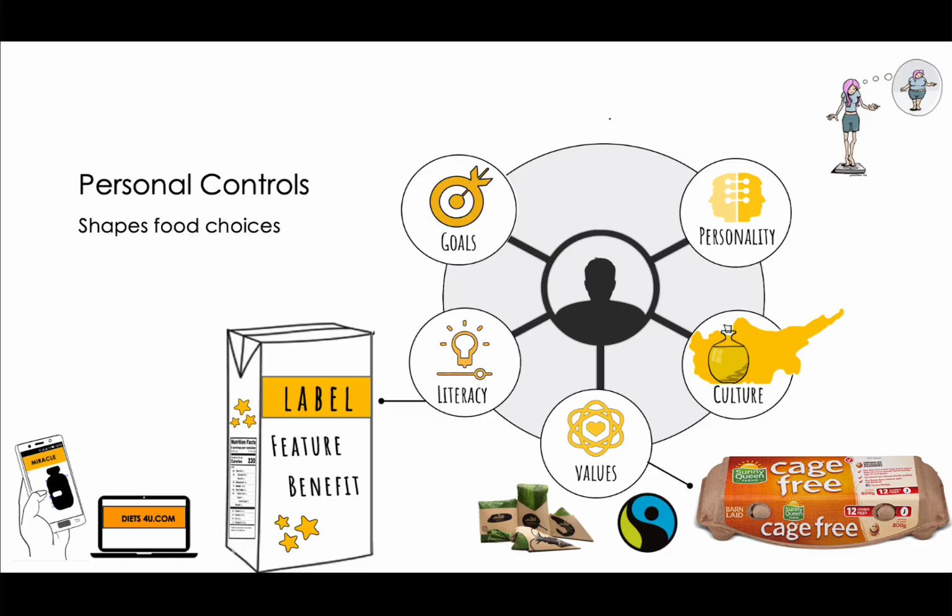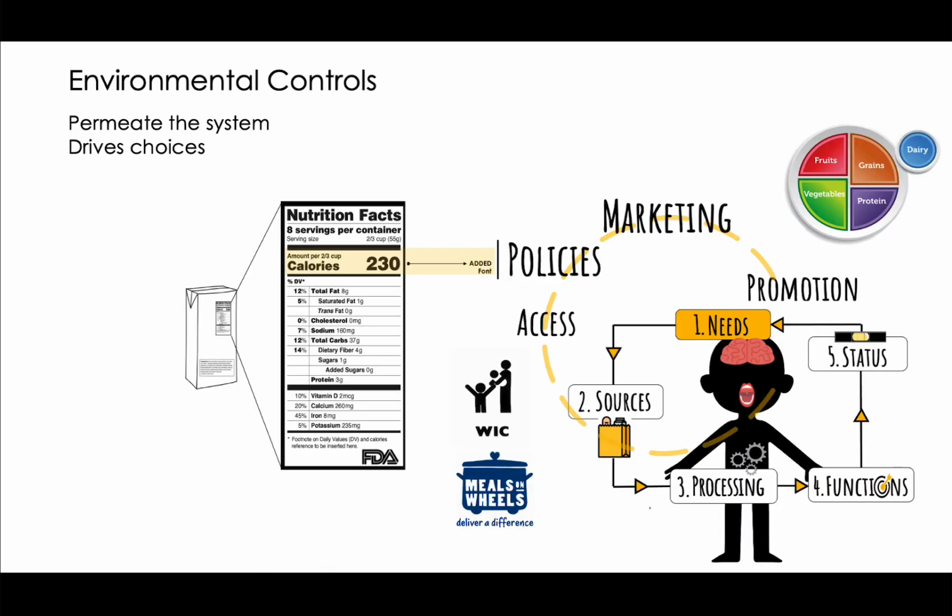But boy, is nutrition a psychology game, because we all have different preferences, background, cultures, values, literacy of what we know about nutrition. We care about different things like free trade or sustainability or animal welfare. So personal choices really do shape our nutrition intake.